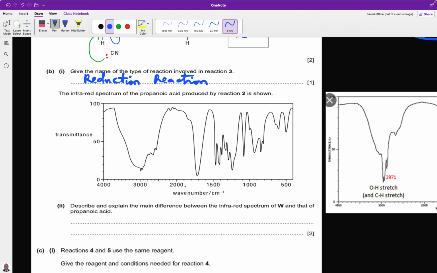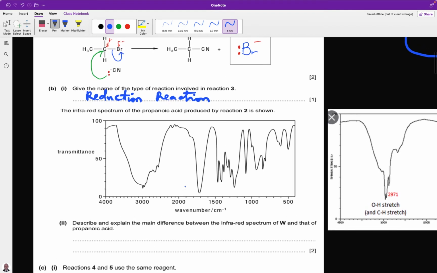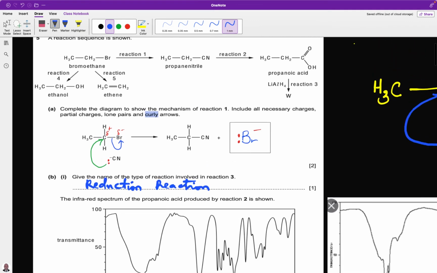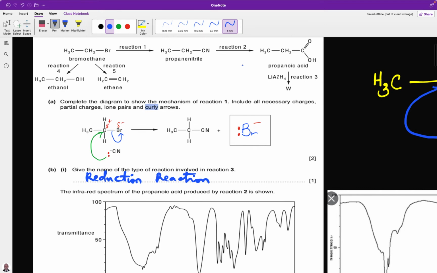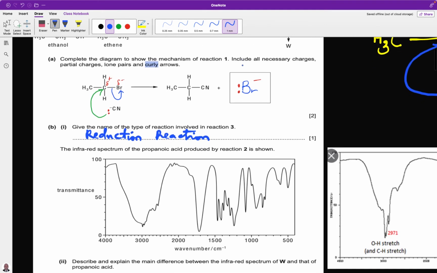The infrared spectrum of the propanoic acid produced by reaction 2 is shown. That is reaction 2, from propanenitrile to propanoic acid.